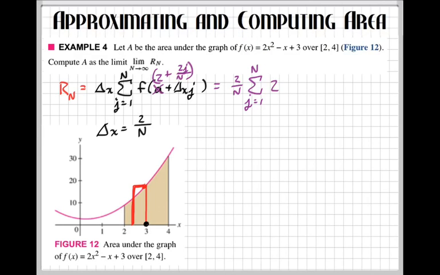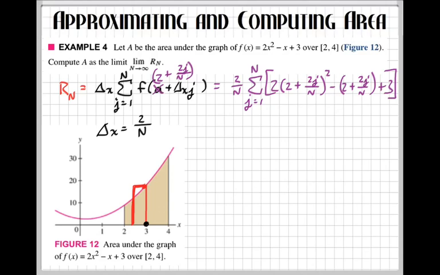So we have 2 times 2 plus 2j divided by n, squared, minus 2 plus 2j divided by n, and plus 3. All of this is inside of our sigma.